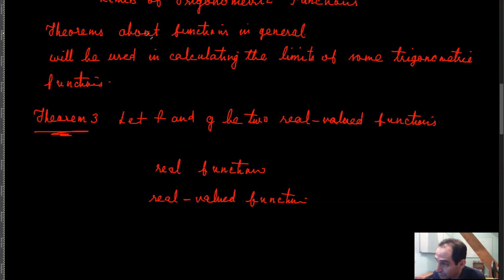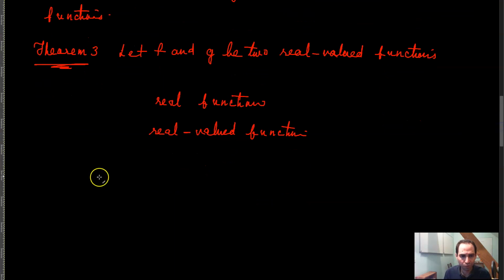So we had one definition before in class 11 chapter 2, which is about relations and functions.